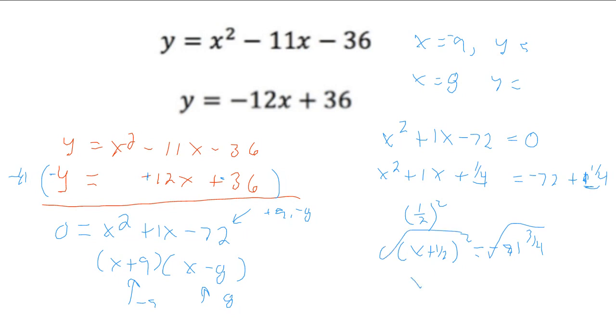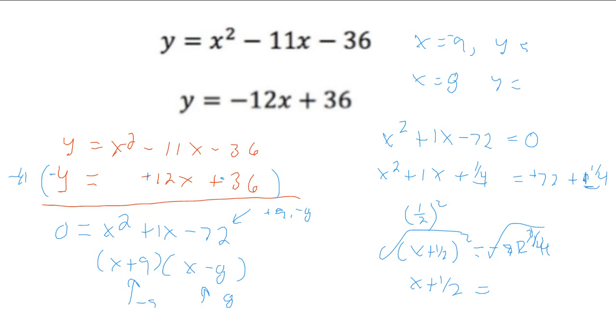You get x plus 1/2 is equal to, I don't know what the square root of 71 3/4 is. And it's negative. No thanks. Oh, that would have been positive. I'm sorry, because if I would have brought 72 over, it would be positive. So this would be positive 72 1/4. And then trying to take the square root of that, no thank you. You're going to get the same answer regardless, but that is not an easy way of doing it.